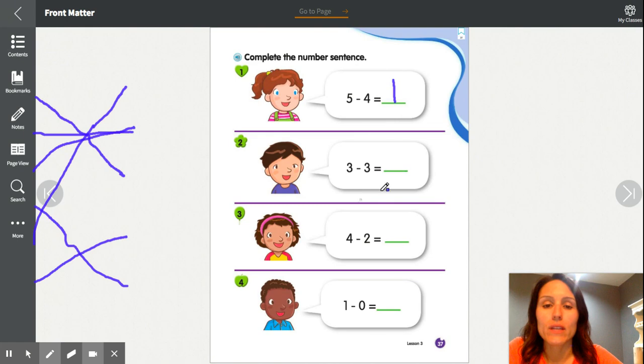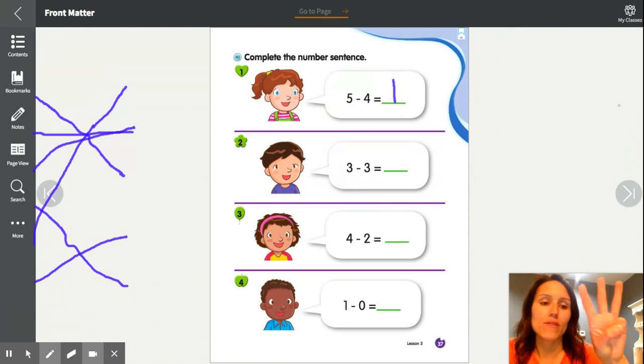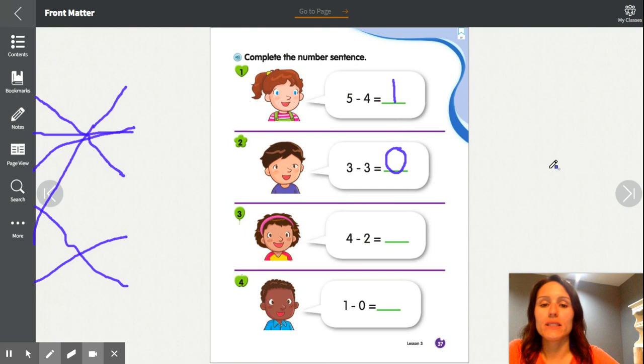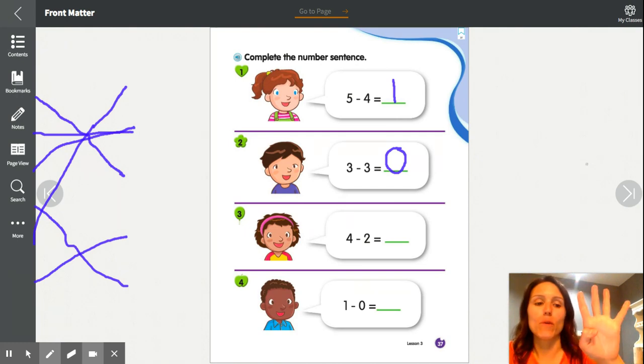Good. Okay, the next problem, the little boy is saying 3, take away 3. So if I have 3 of something, and then I take away 3, 1, 2, 3, how many do I have left? 0. Okay, and then the next one, the little girl is saying 4, take away 2.